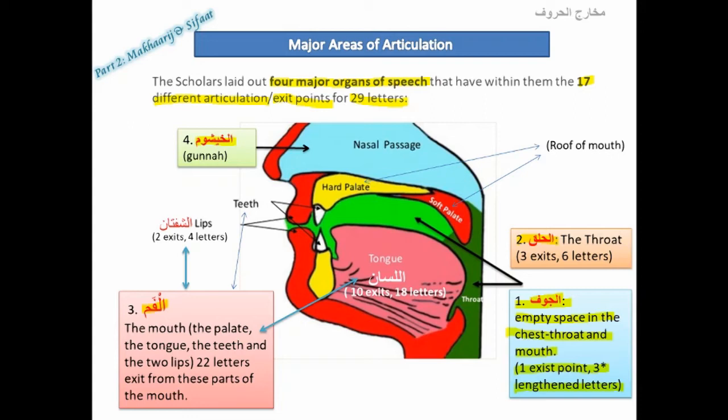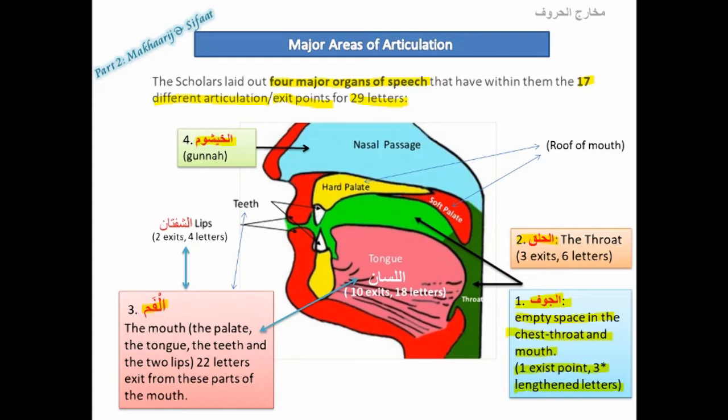Waw is also one of the lengthened letters, and the sound oo comes from al-jawf. And the letter ya, for example in alladhi, the e sound, you can feel it come from the chest, out through the throat and the empty space in the mouth, and the tongue is not used. The tongue stays where it is. So it's these 3 sounds that come from al-jawf.